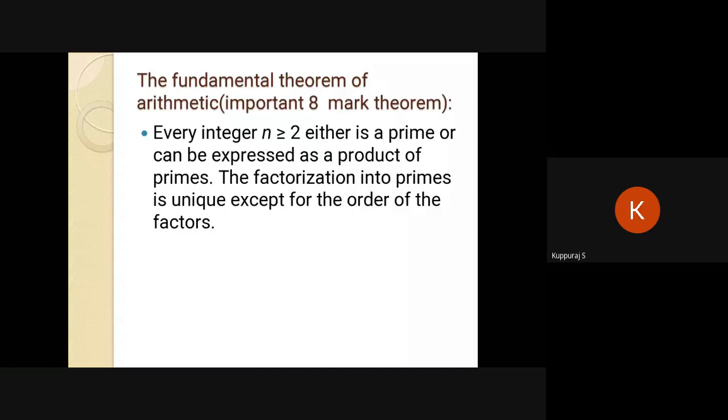You may think that this is another representation, but both are the same. If you write 3 into 2 square into 5 or 2 square into 3 into 5, both are the same representation, not a different one. This tells us that the factorization into primes is unique except for the order of the factors.